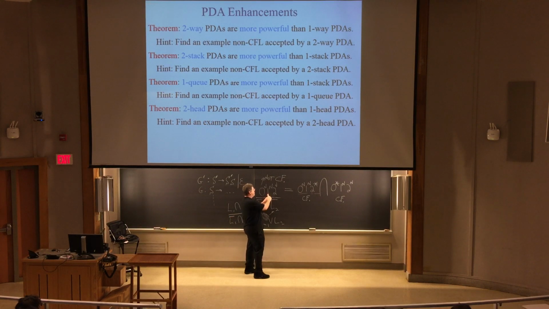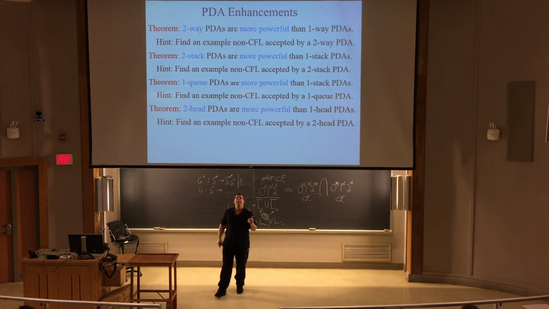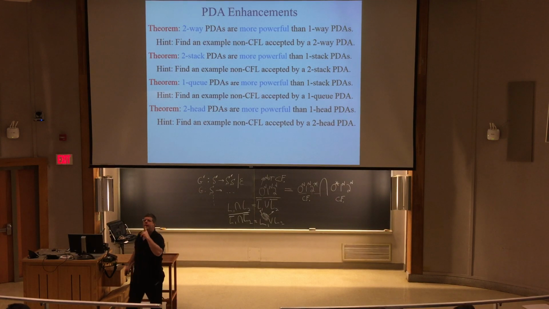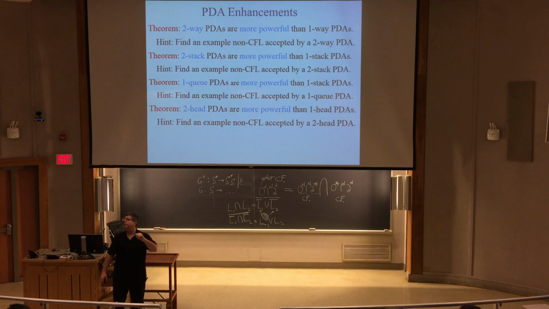Then the first head will be at the beginning of the ones, the second head at the beginning of the twos, and then check the ones against the twos, make sure they're an equal number. And you're good. Any questions about that? So two heads are better than one is what we just proved. You've heard the expression, now you know why.